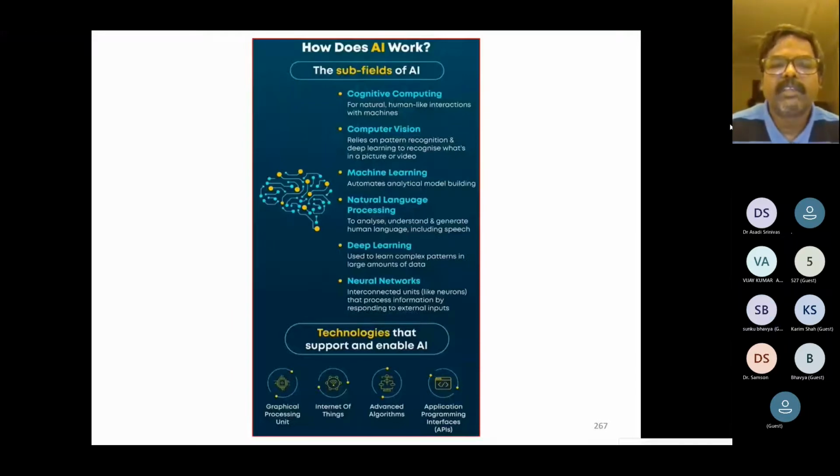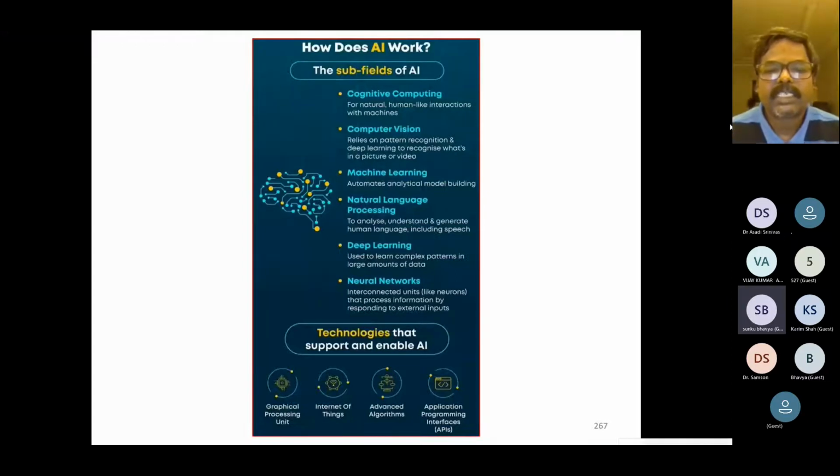Then machine learning, learning from the observational data, that is called automated analytical model building. Then natural language processing to analyze, understand and generate human language including speech, text, etc. Deep learning is used to learn complex patterns in large amounts of data.